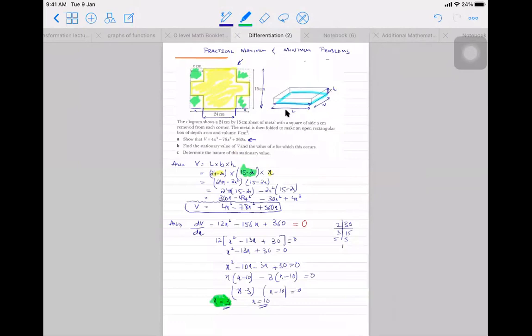Okay. So now the question is asking find the stationary value of V. So I'm going to plug this value of x back into the equation. Get me the value, please.